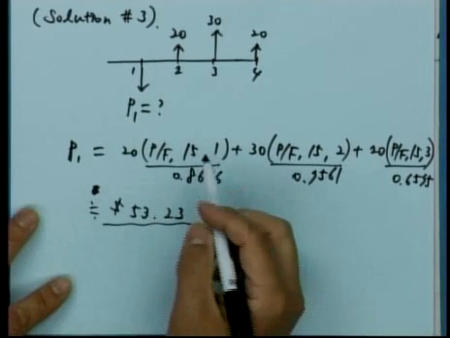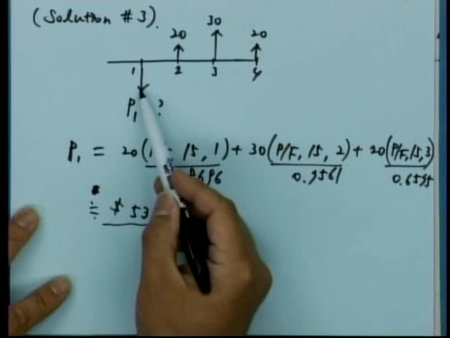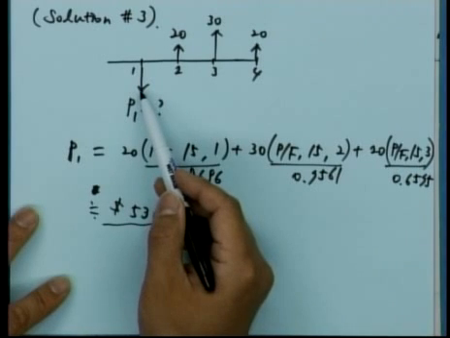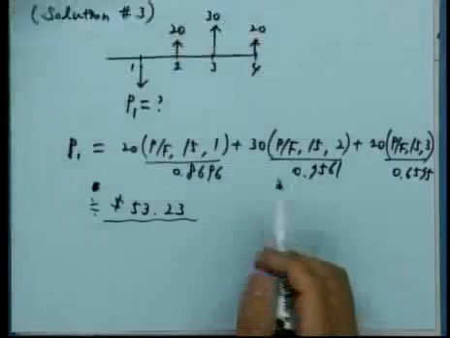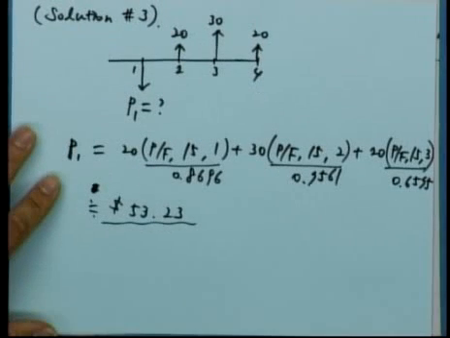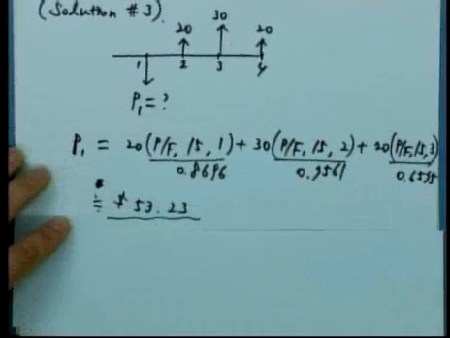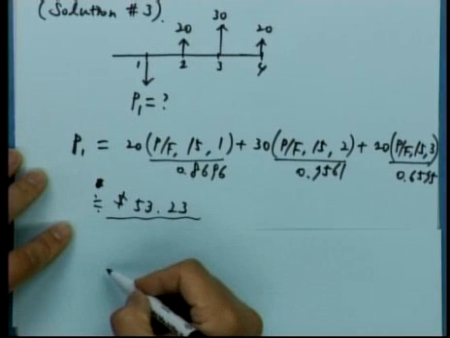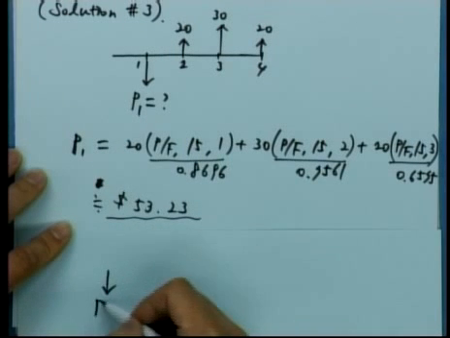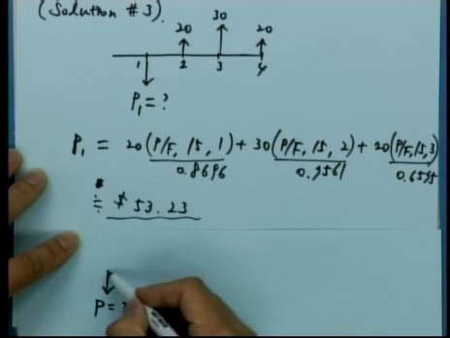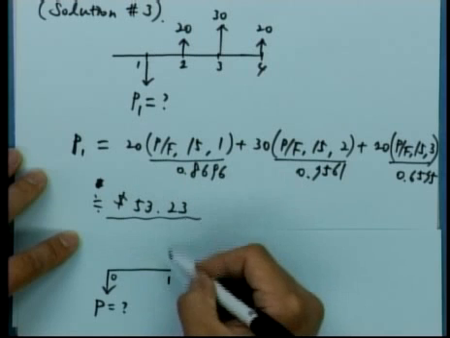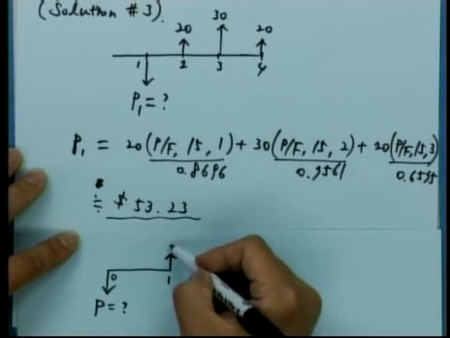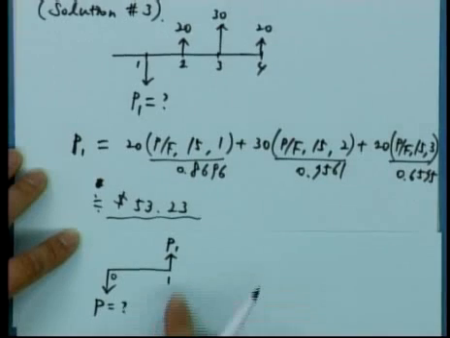Now what you need to do is convert this P1 to the original P value, right? At the end of period 0. So now we're going to have P at the end of period 0 given the P1 value at the end of period 1.